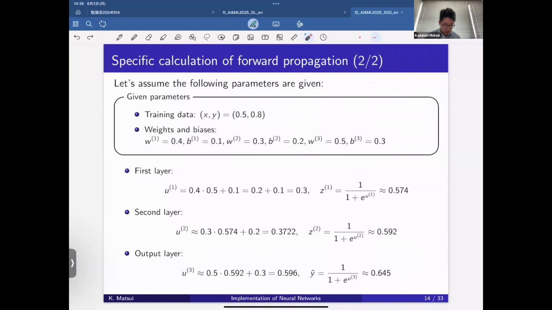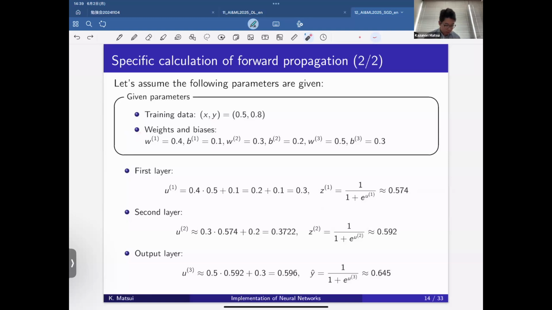Let's say the training data is x equals 0.5 and y equals 0.8. Let's say the weights and biases given these data are the initial values.